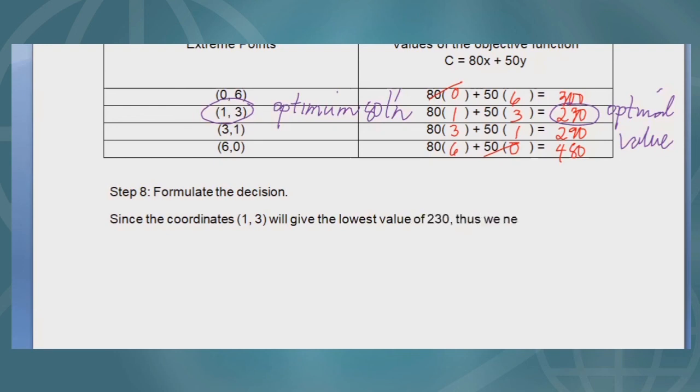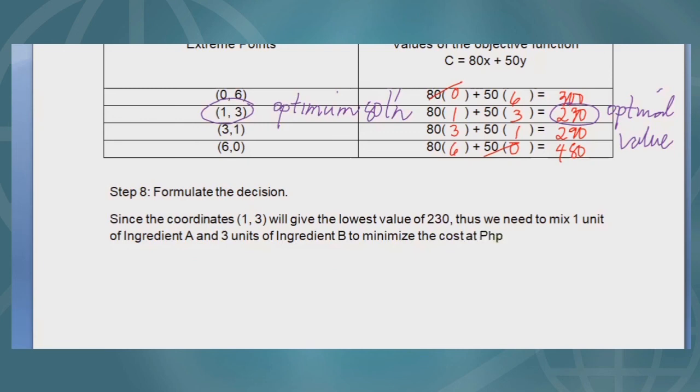Thus, we need to mix 1 unit of ingredient A and 3 units of ingredient B to minimize the cost at 230 pesos. Final answer.